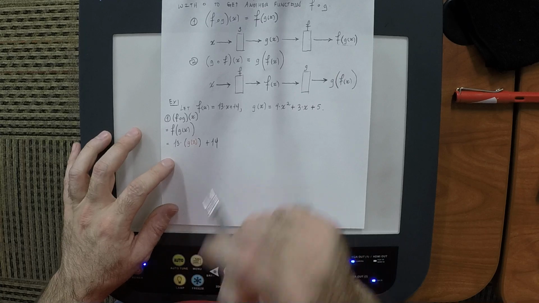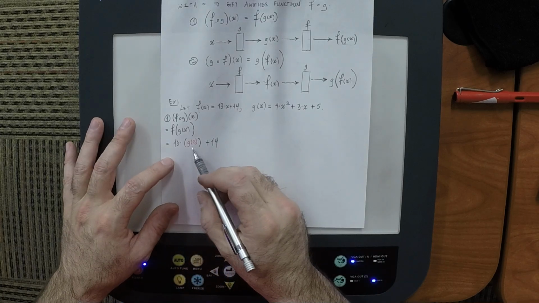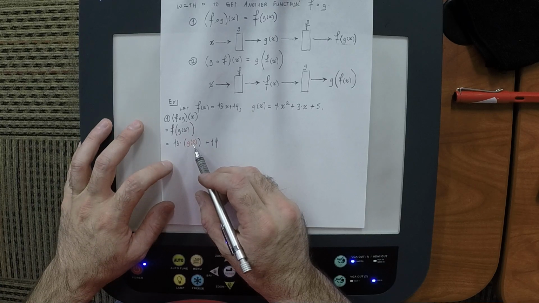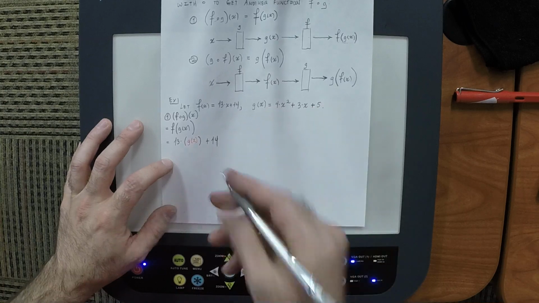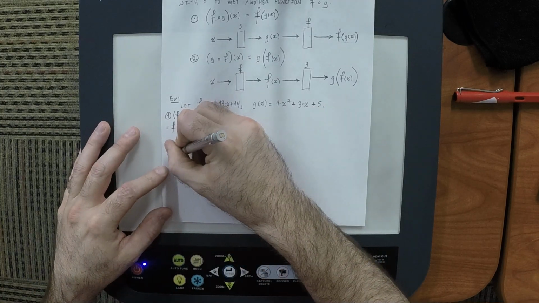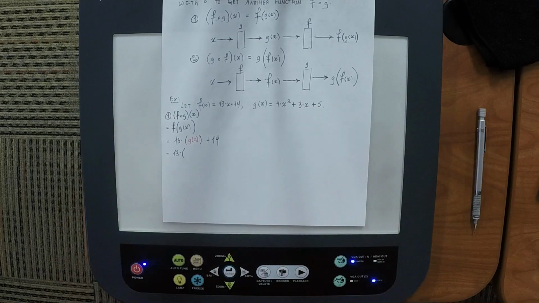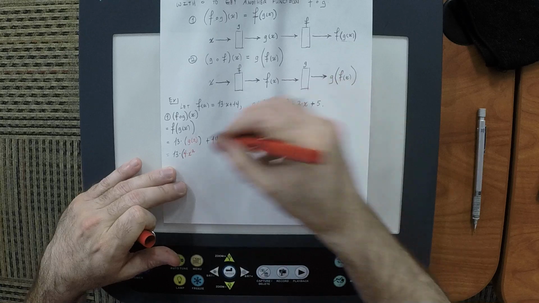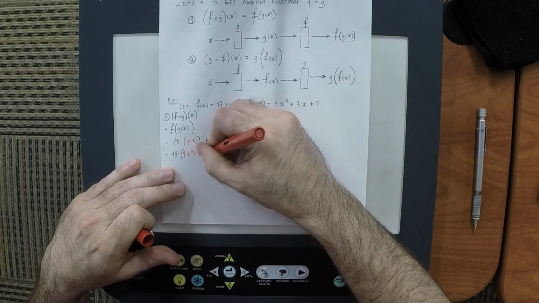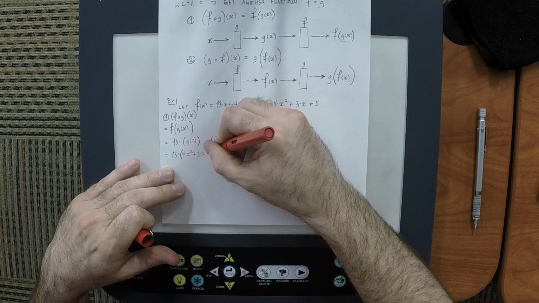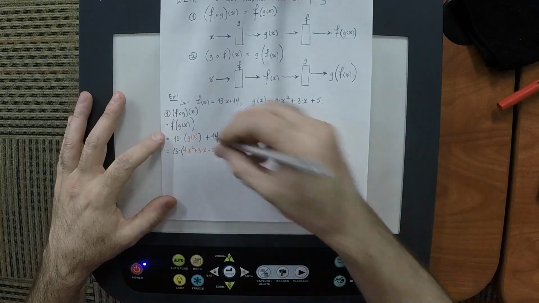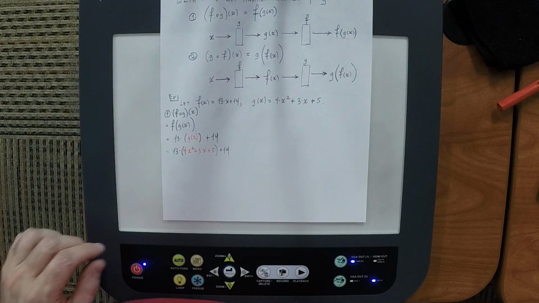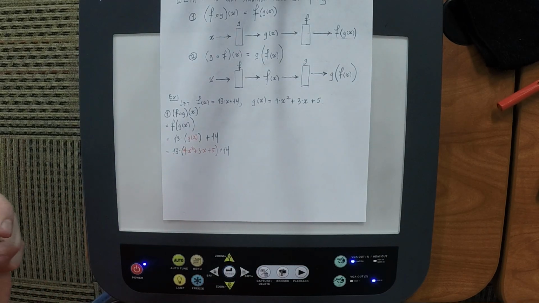So now we're done with what f does. Now this red, we can replace it with what? Right, all that stuff. Okay, so 13 multiplied by 4x squared plus 3x plus 5, plus 14.